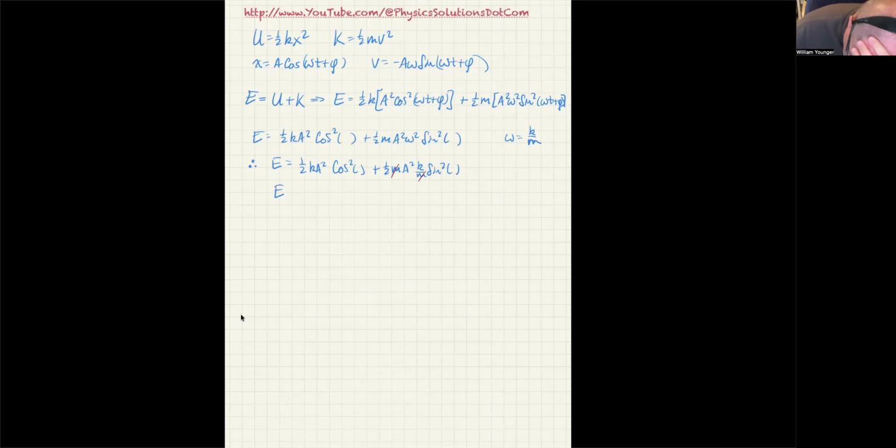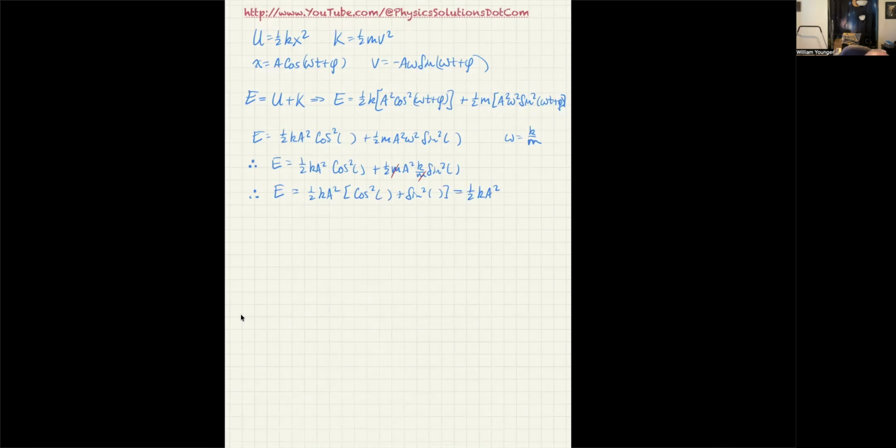And that gives us, of course, E is equal to 1/2 k A squared, which is common to both of them, times cosine squared plus sine squared, like that. And you see that E is equal to just plain 1/2 k A squared.